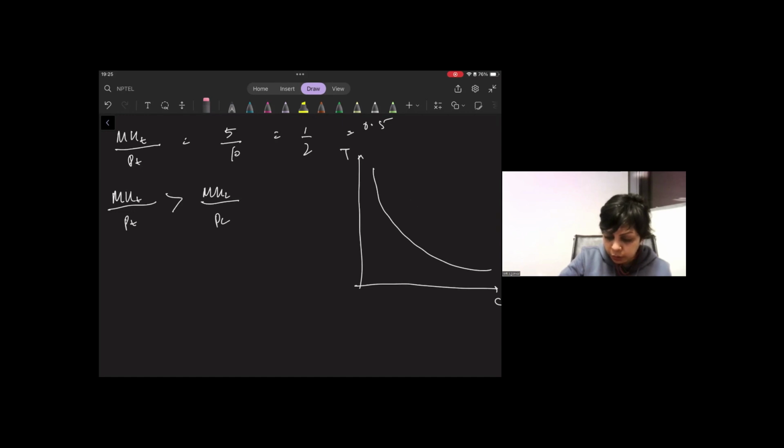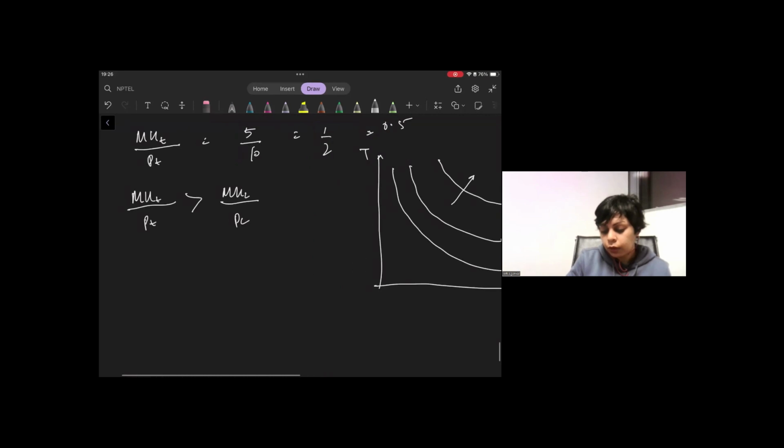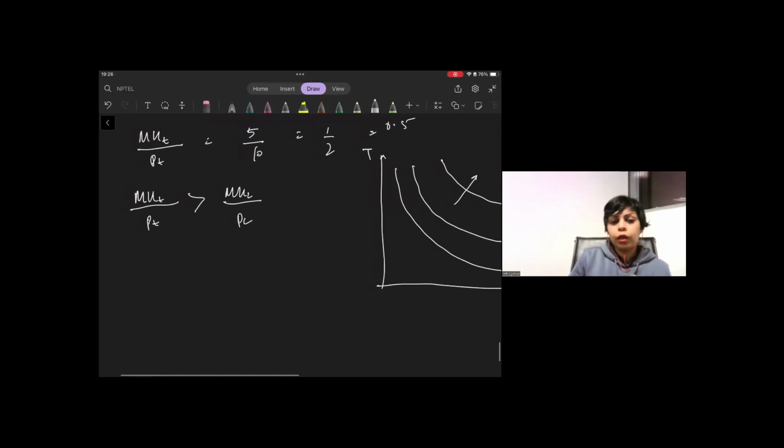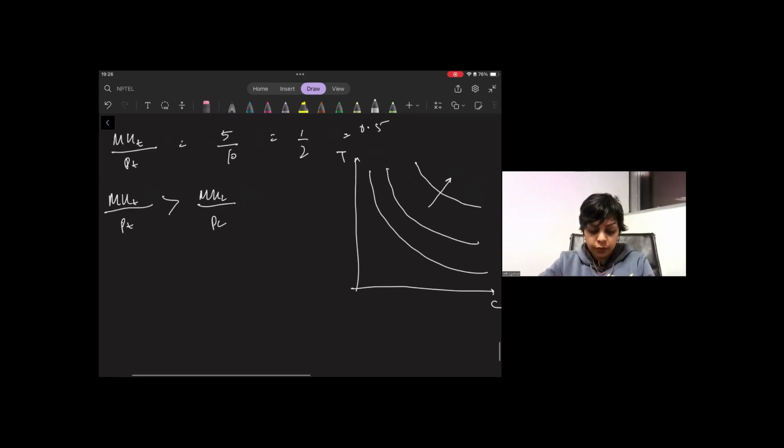This is too shaky to be a curve. These are the indifference curves, and utility is increasing in this direction. Now what we're trying to figure out is which one the person should consume more of, and also why.